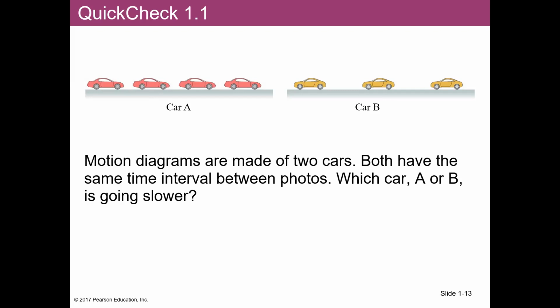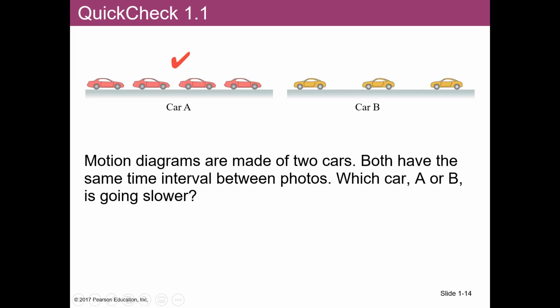The displacement between images on the left is less, so the speed is slower. The one on the right is faster because the displacement, that's the key, is more in the same time intervals.